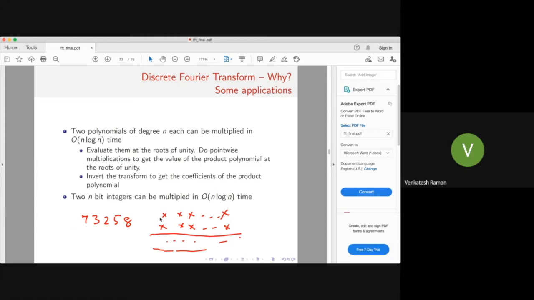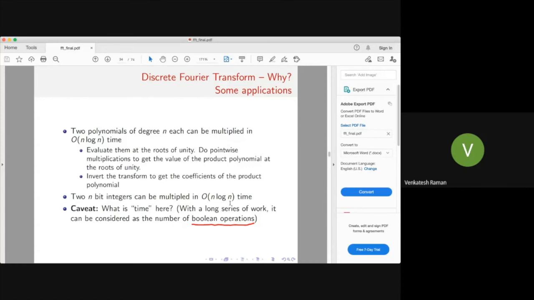So you take this number, state it as a polynomial of degree n, take the other number, multiply using this algorithm, and then evaluate at 10, you get the product in n log n time. This is big news, because multiplying two n-bit numbers is such a fundamental problem that you can improve it substantially from n square.